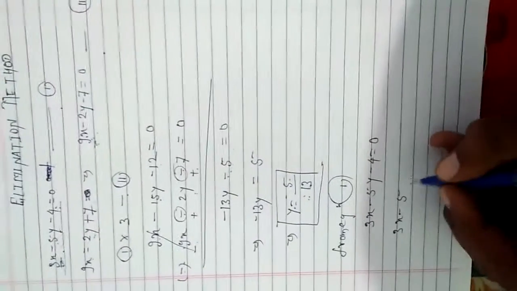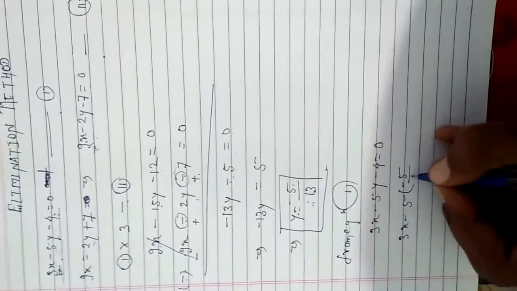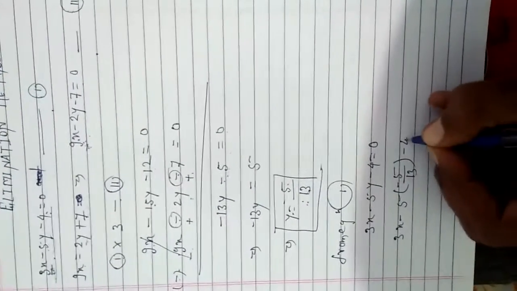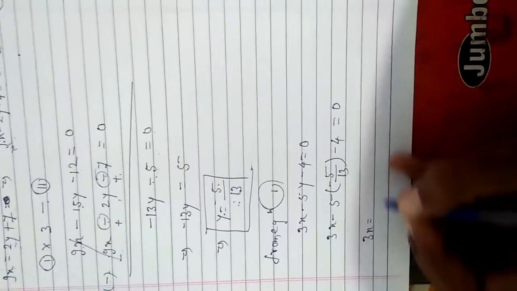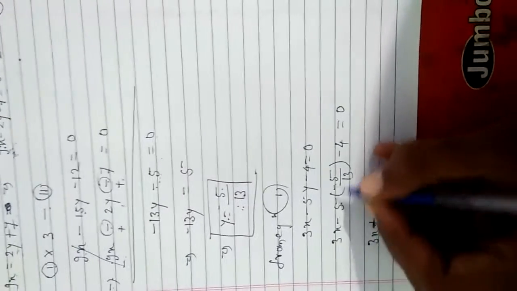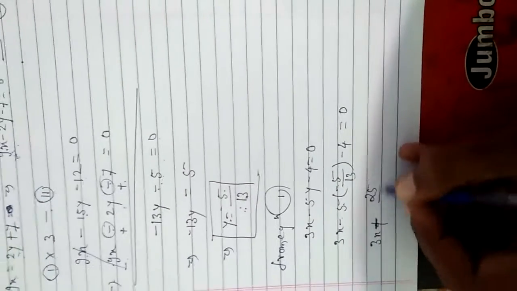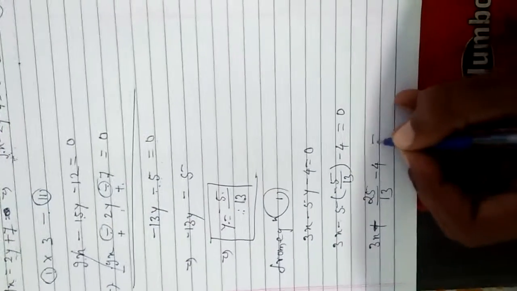Put here minus 5 by 13. Okay, minus 4 equals 0. So here 3x, minus into minus plus, 5 fives are 25 by 13 minus 4 equals 0.